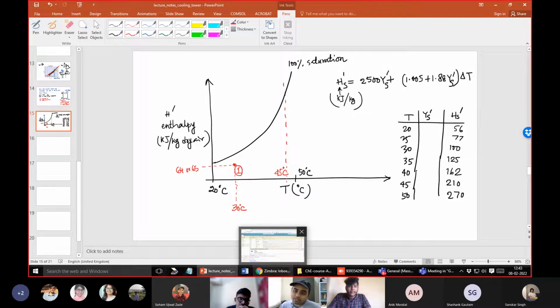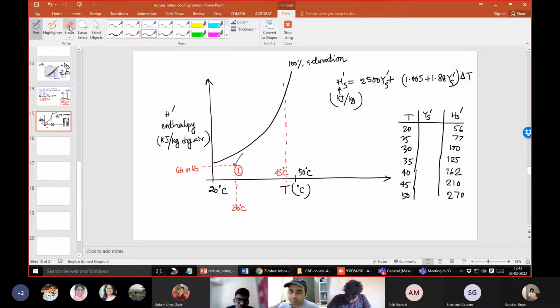So from point 1, we try to draw a tangent to this equilibrium curve, right? Something like this. Sorry. Still not good. I will try to draw it better. One more attempt. It's much worse.